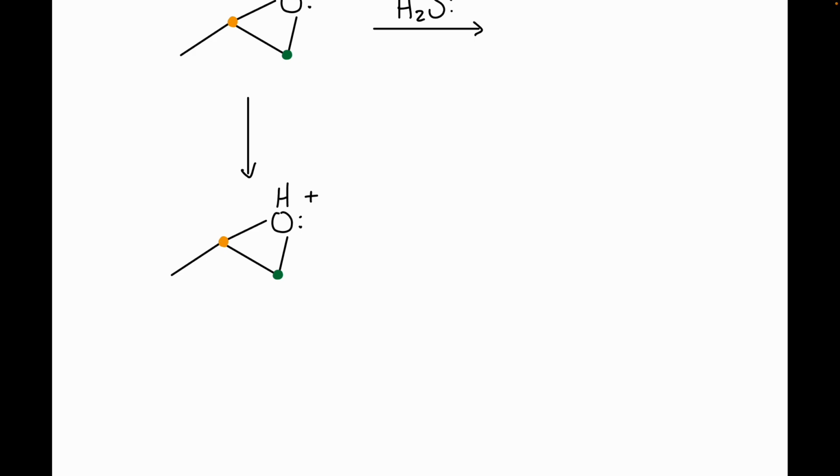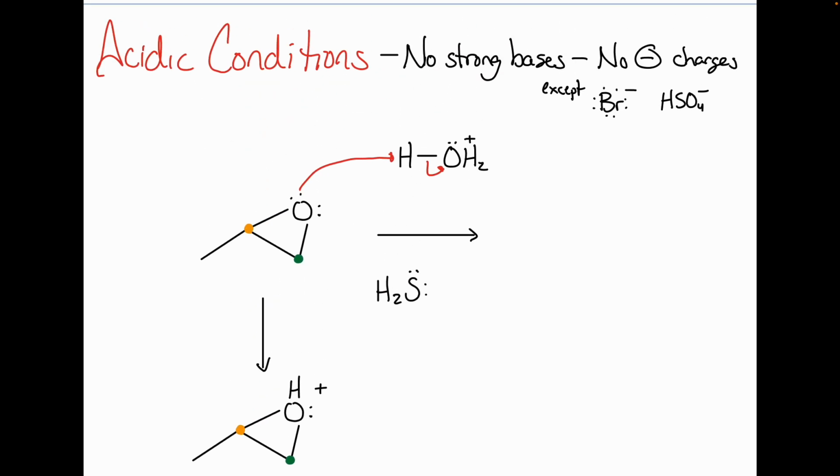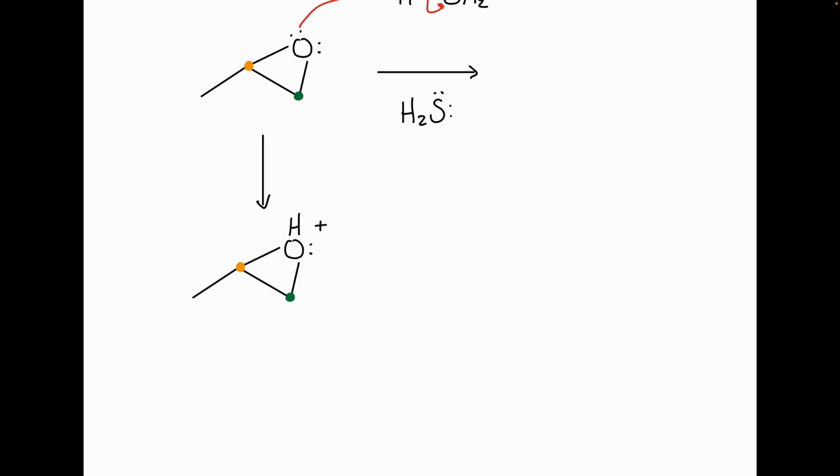A better leaving group, right? Which is why we can get away with using these weak nucleophiles. All right, so now, since I have such a good leaving group here, my nucleophile, even though it's weak, can attack, because I'm going to kick off that super stable leaving group there.